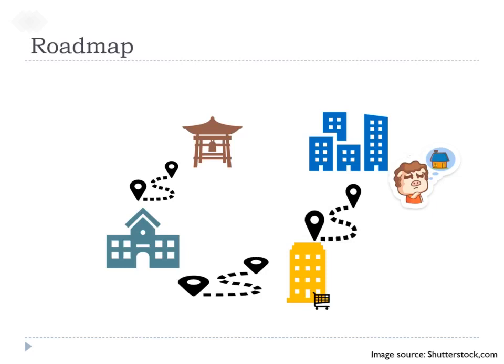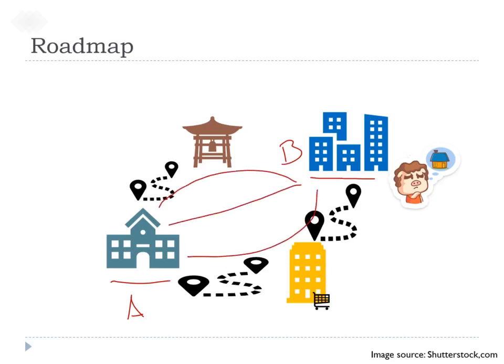Let us take a simple example to understand how roadmaps can be a useful data structure in path planning. Here there is a case where a student takes admission in this college A and the student resides in this building, say B. From B to A, the student explores various routes and finally decides to follow this route. Now, this was possible because there was an entire infrastructure or a roadmap that was available.